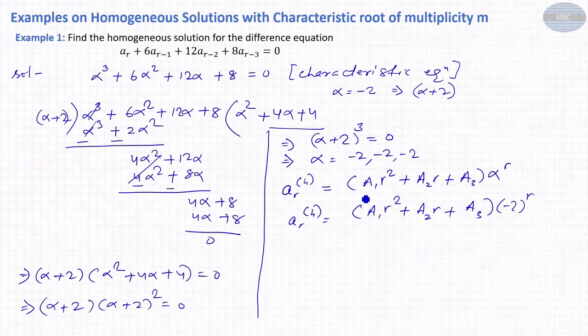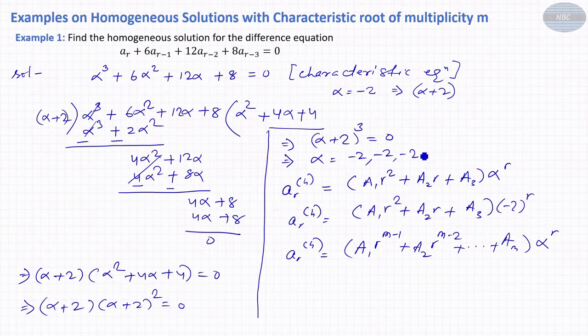We remember the homogeneous solution with characteristic root of multiplicity m, which we studied in the last class: a_r^h is equal to (A1 r to the power m minus 1 plus A2 r to the power m minus 2 and so on up to Am) alpha to the power r.